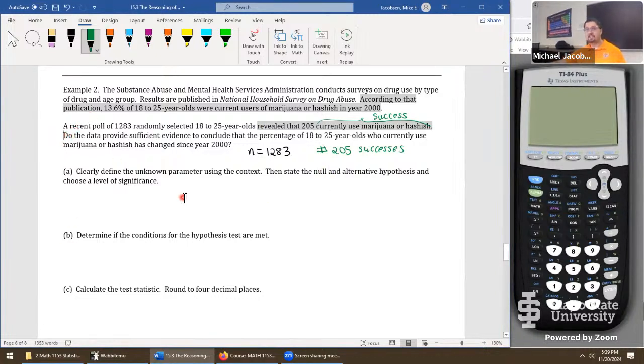So they go on to ask next, do the data provide sufficient evidence to conclude that the percentage of 18 to 25-year-olds who currently use marijuana has changed since year 2000? That's a question, right? But one thing that's interesting about these kinds of problems is the alternative hypothesis is the research question.